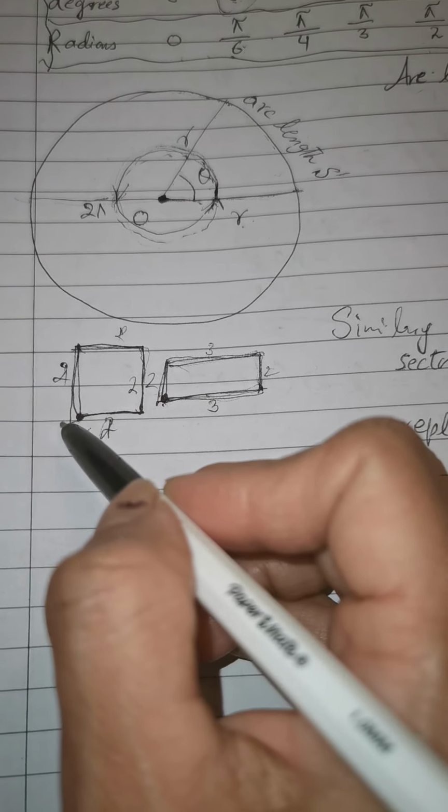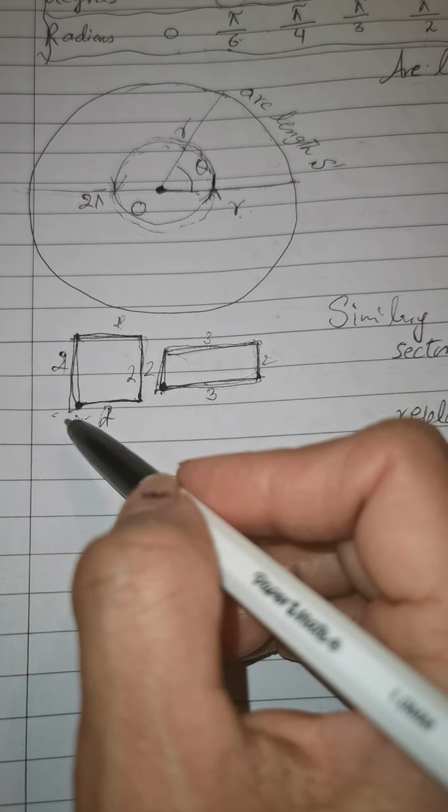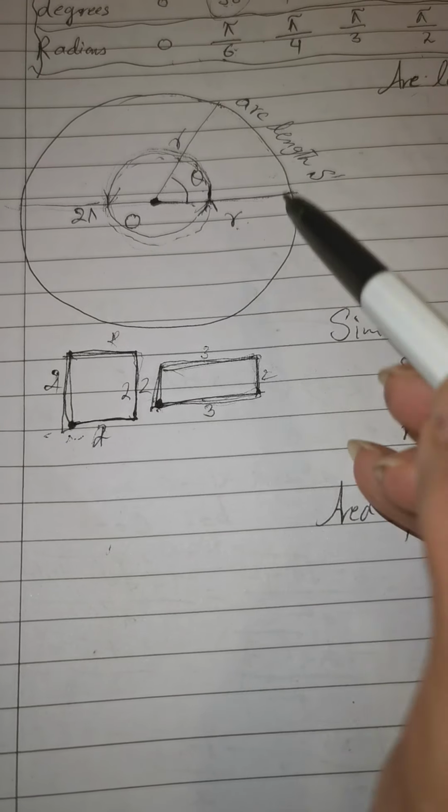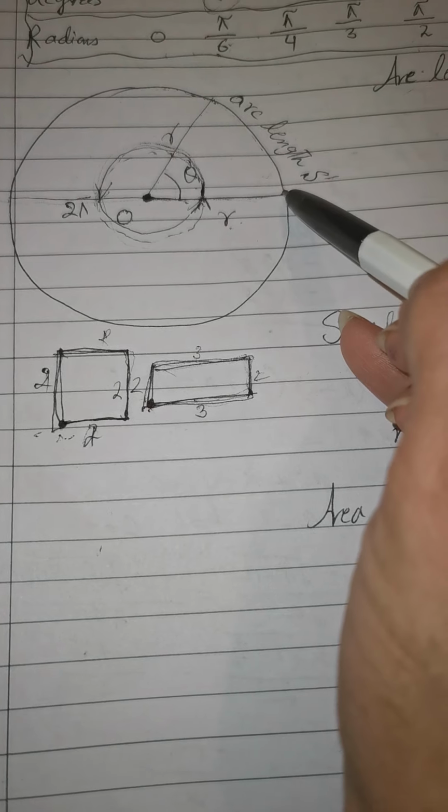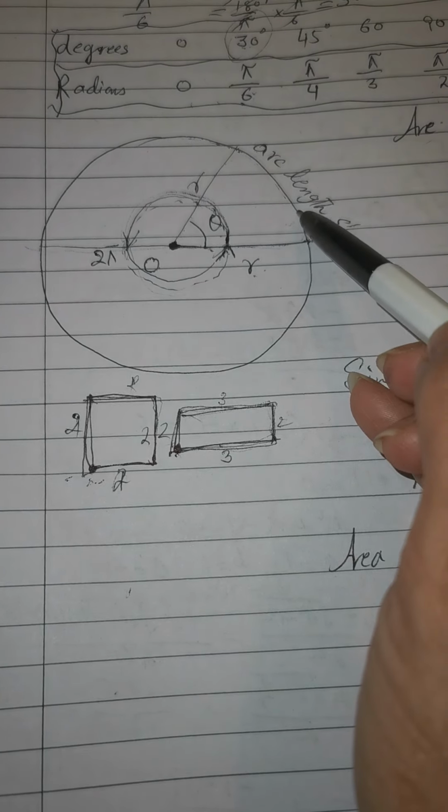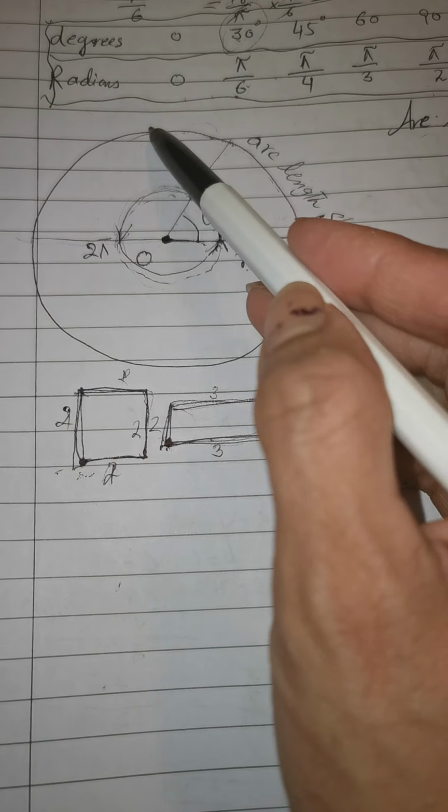So the perimeter of this square will be 8.